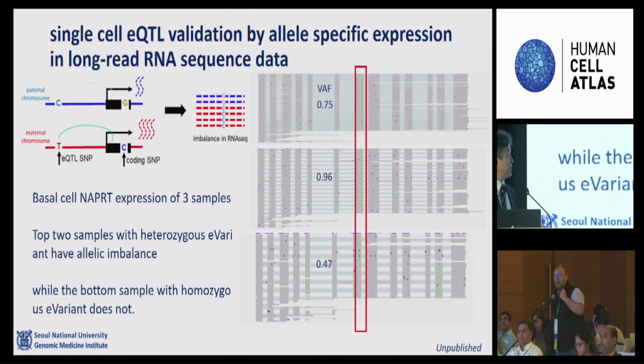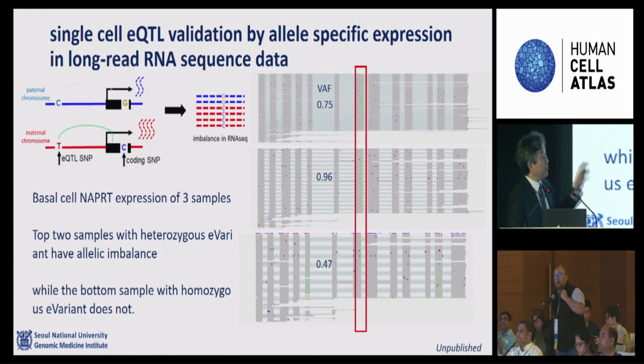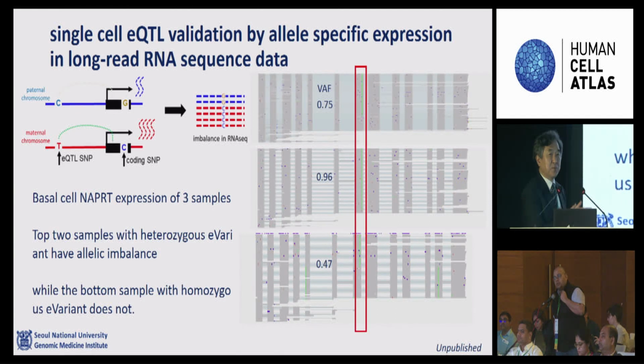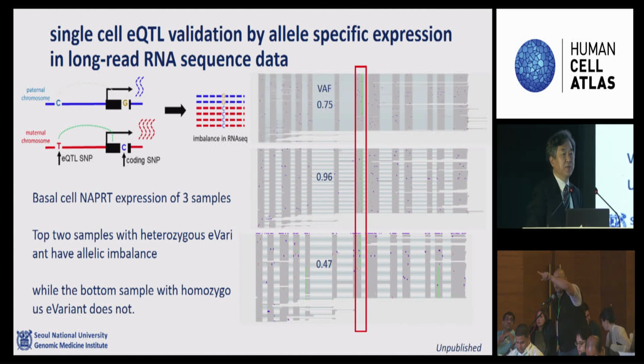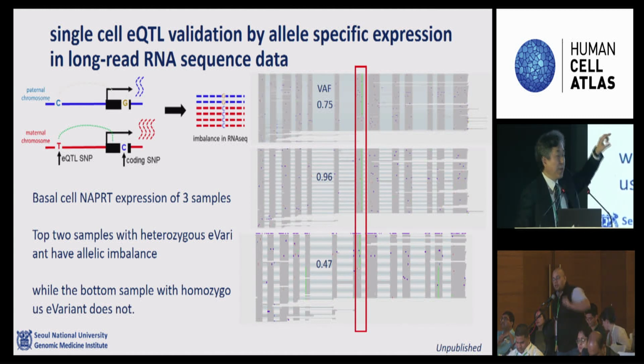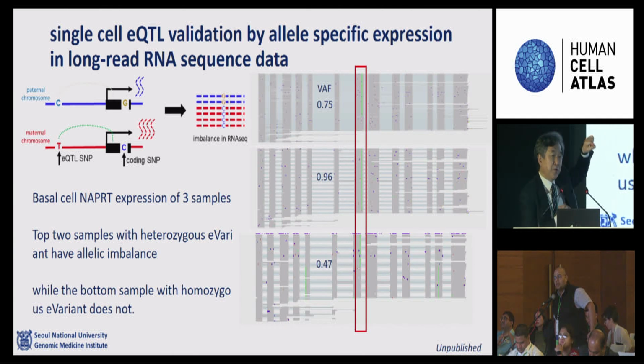We did not consider the different isoforms. We only looked at whether the exon was included in the sequence data, so we compared the variant frequency of the 2 alleles, the same site but different alleles, the reference allele and the variant allele.